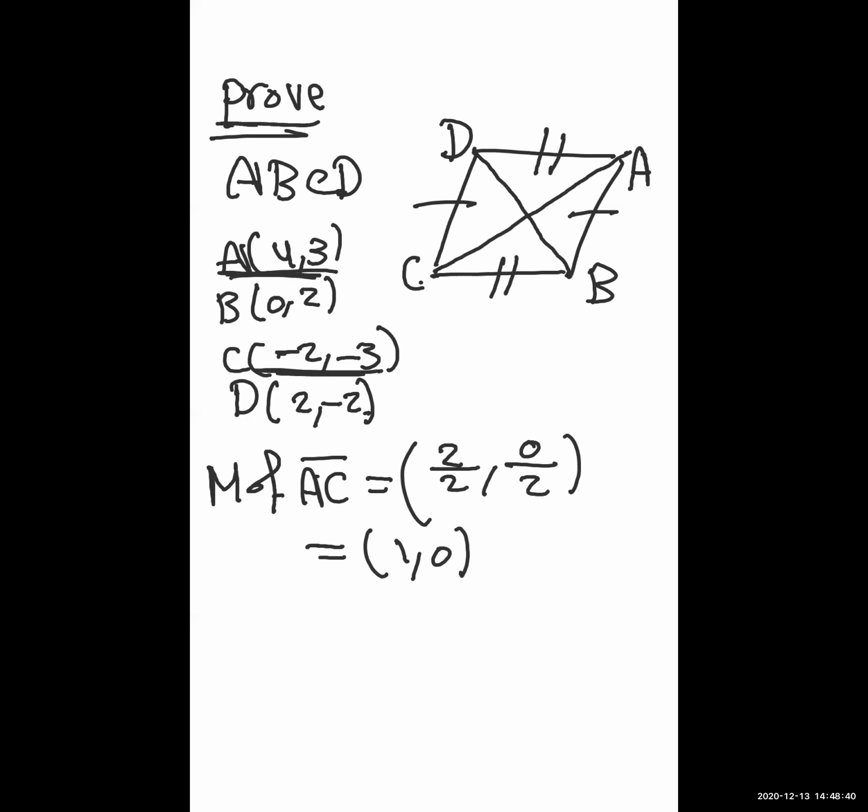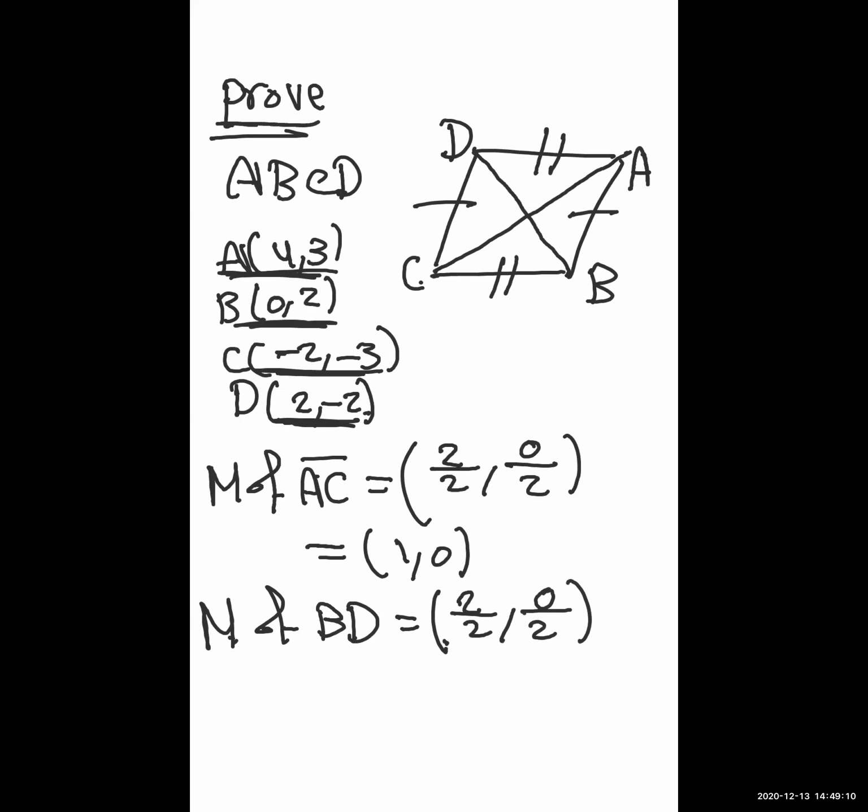Okay, guys? Now, the midpoint of the other diagonal, which is BD. And 2 plus -2 over 2. 2 plus -2 means 0 over 2.